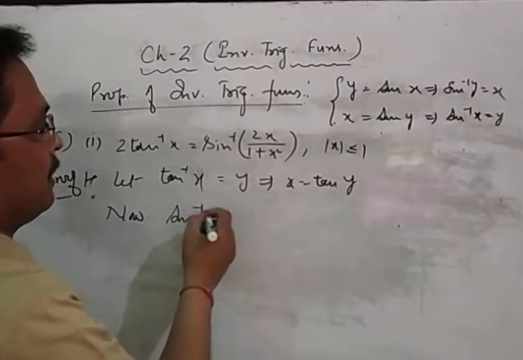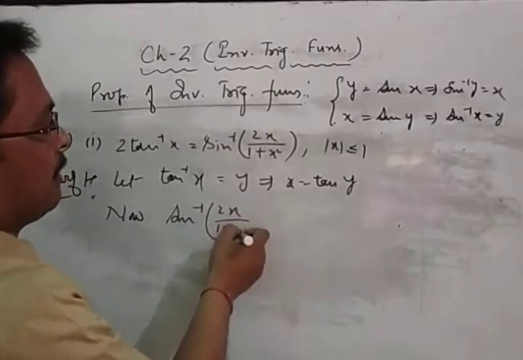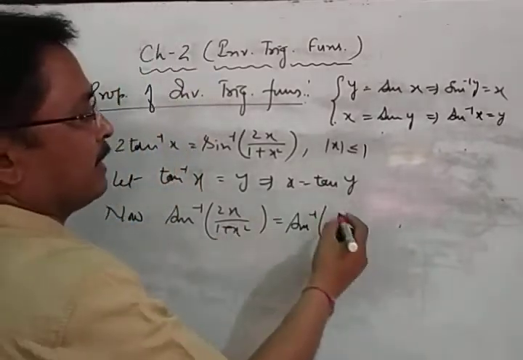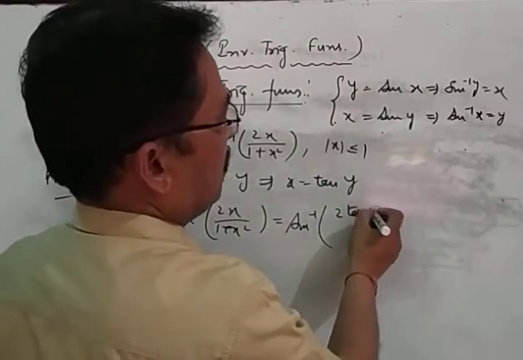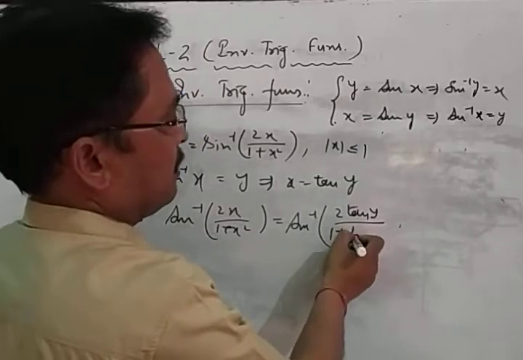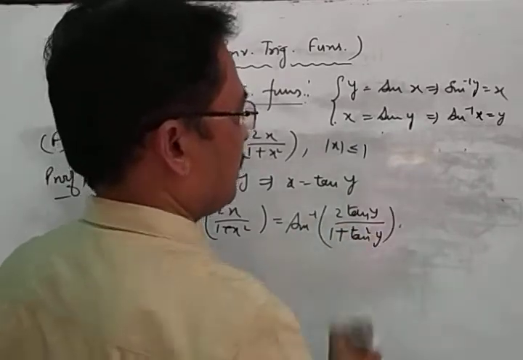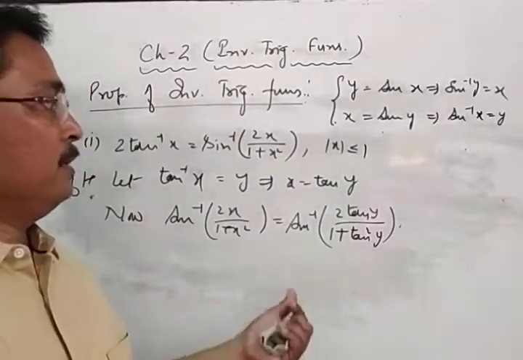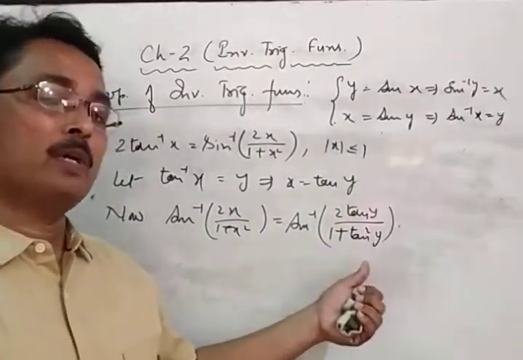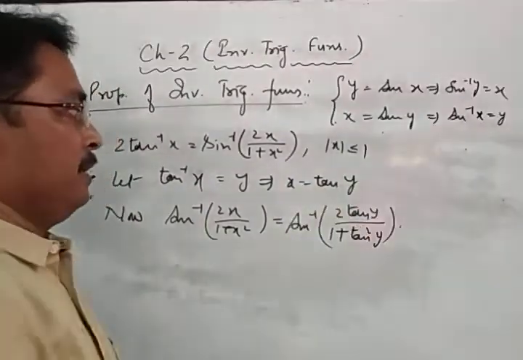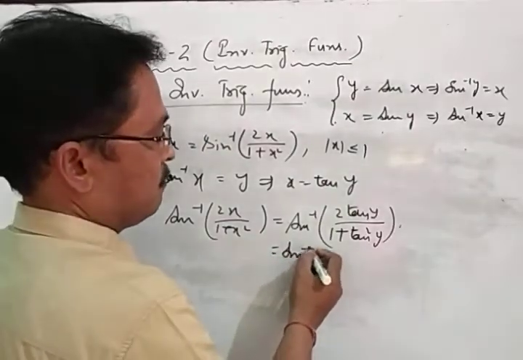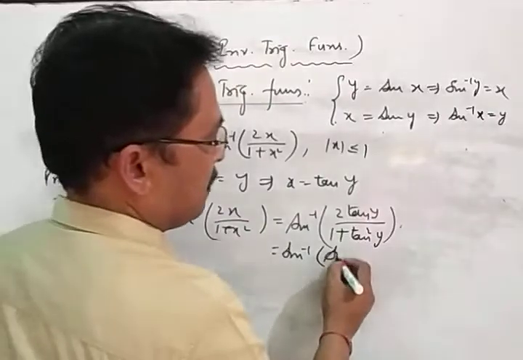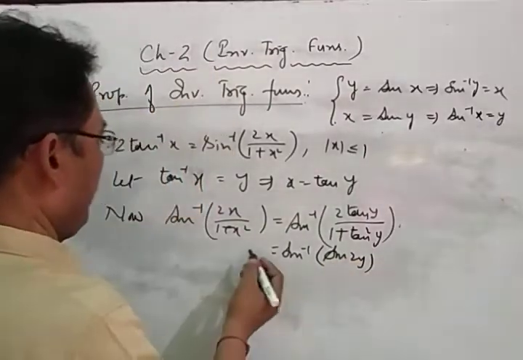Now this one, sin inverse 2x upon 1 plus x square. In place of x we can write tan y upon 1 plus tan square y. This is the formula of sin 2 theta. Sin 2 theta is 2 tan theta upon 1 plus tan square theta. Therefore we can write in place of this sin 2y.